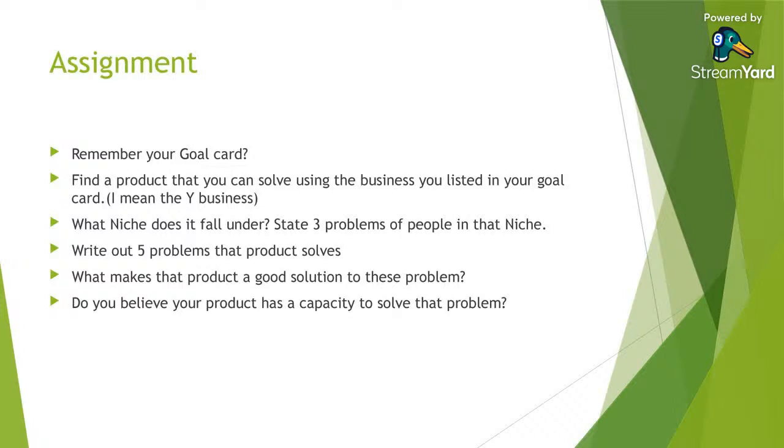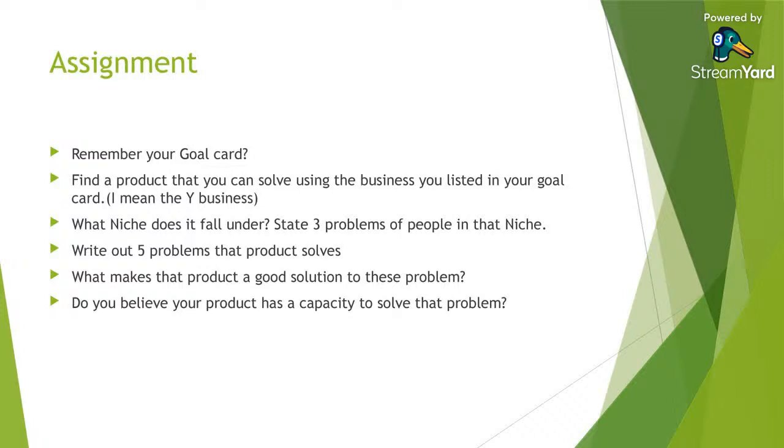After you have decided on one niche, explain 3 problems people in that niche are facing. Do you understand? That's your assignment. After you have done that, write out 5 problems that the product solves. You are picking the topic by yourself, you are picking the product by yourself.